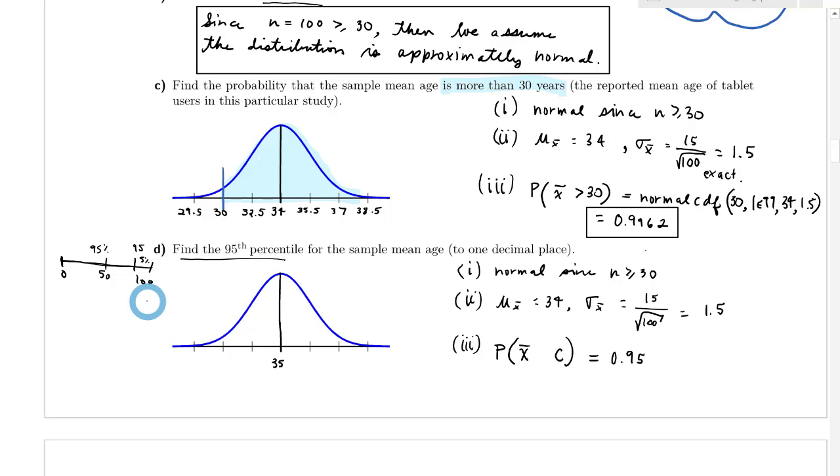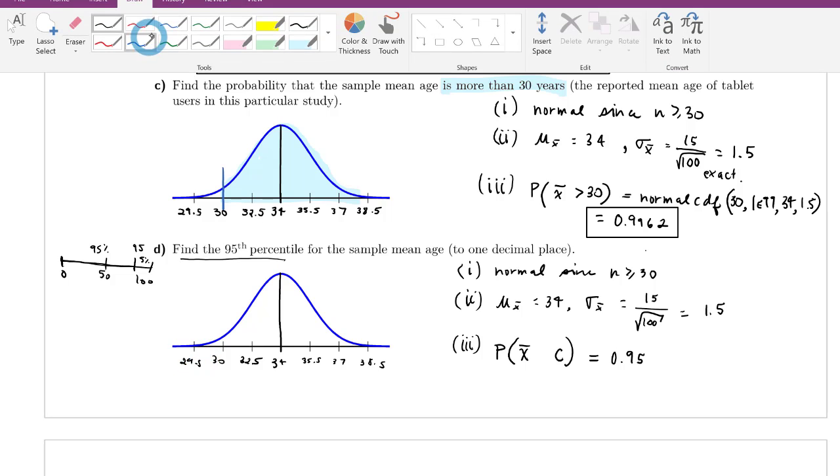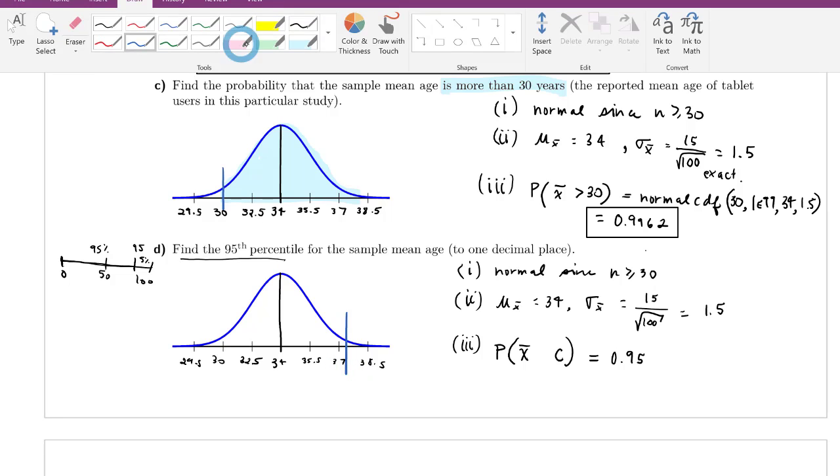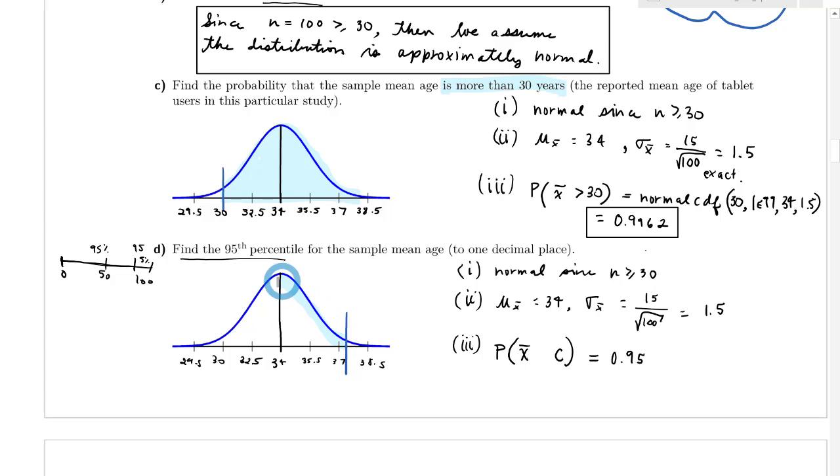This means that if I went ahead and labeled the x-axis as usual, and marked where this was, which I don't know, I just know that the 95th percentile is somewhere over here, right? And if this is the barrier between the upper 5% and the lower 95%, there's a couple of ways I could do this.